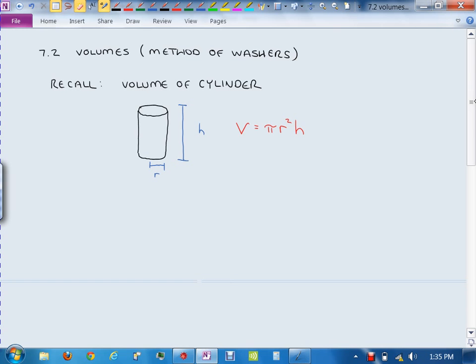Before we can even begin, we have to remember the basic formula for the volume of a cylinder. So if you take a cylinder, a beer can or whatever it is, in the spirit of spring break, we'll say empty beer can, the volume of it is pi r squared times h.